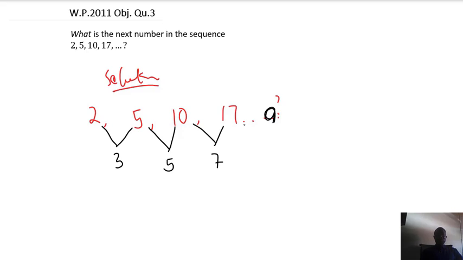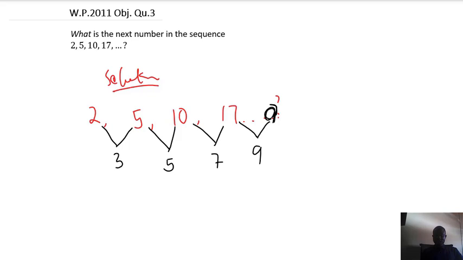So this means that, let's assume that the next term is A. This means that the difference between 17 and A is going to be 9. And how are we going to get A? Let's see the pattern. When we add the previous term to the difference, you get the current term, because 2 plus 3 gives us 5. The same thing, 5 plus 5 gives us 10, and 10 plus 7 gives us 17.